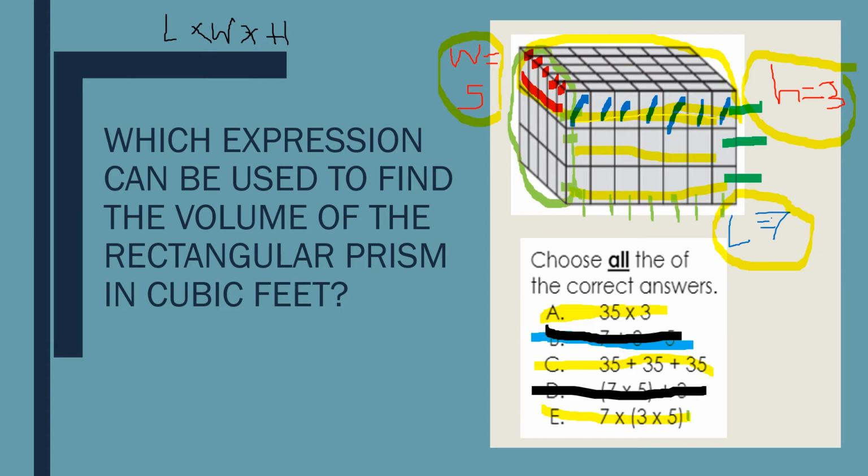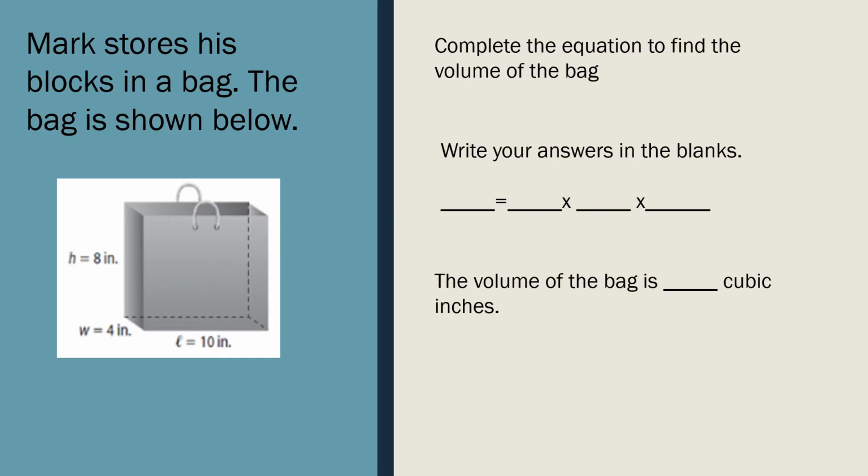All right. Now let's go to the next one. So again, remember, they all build to the next problem that's coming. So what we've done so far should help us solve this one. It says Mark stores his blocks in a bag. The bag is shown below. Now remember, we can't forget this.